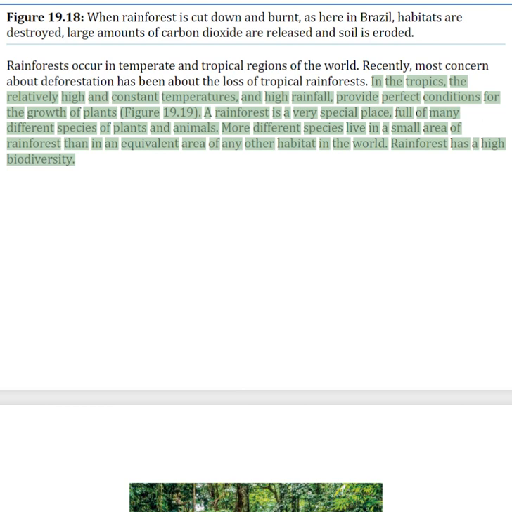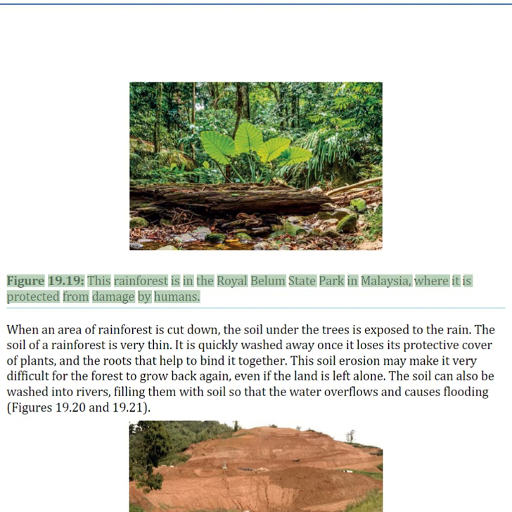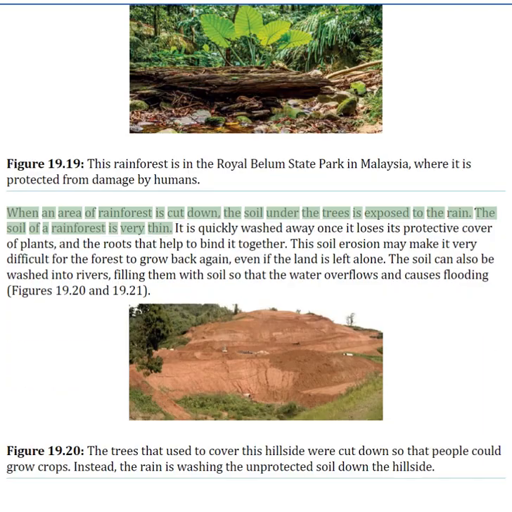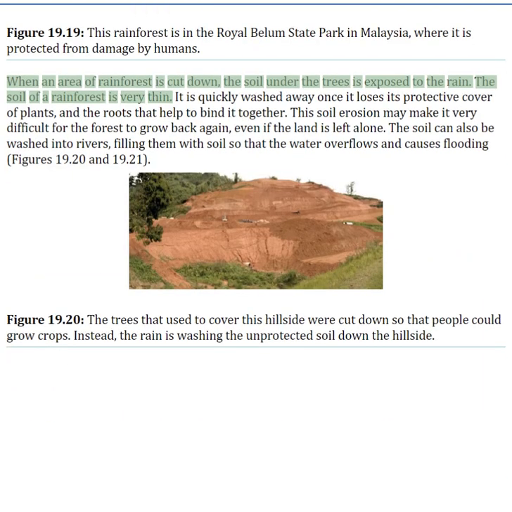More different species live in a small area of rainforest than in an equivalent area of any other habitat in the world. Rainforest has a high biodiversity. Figure 19.19, this rainforest is in the Royal Belem State Park in Malaysia, where it is protected from damage by humans.